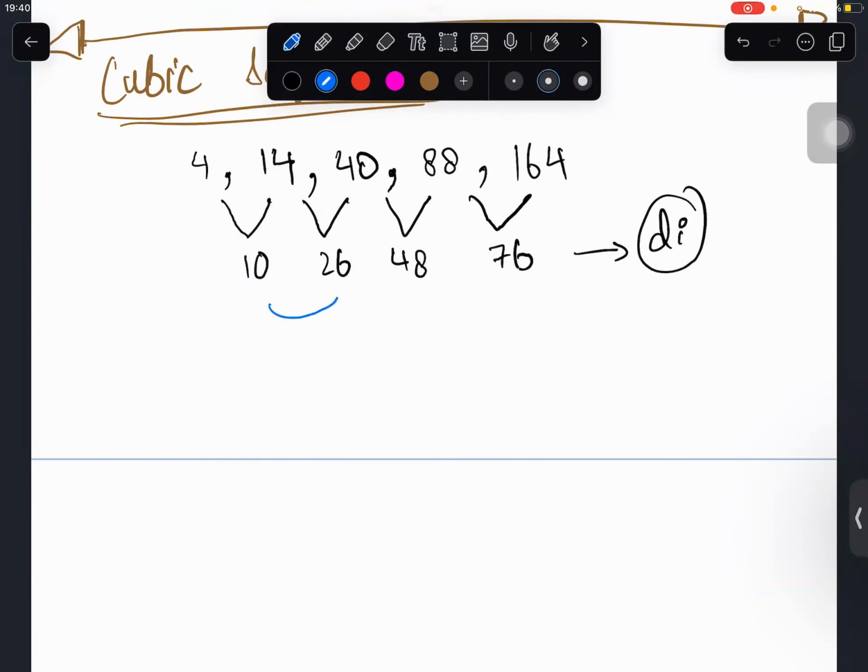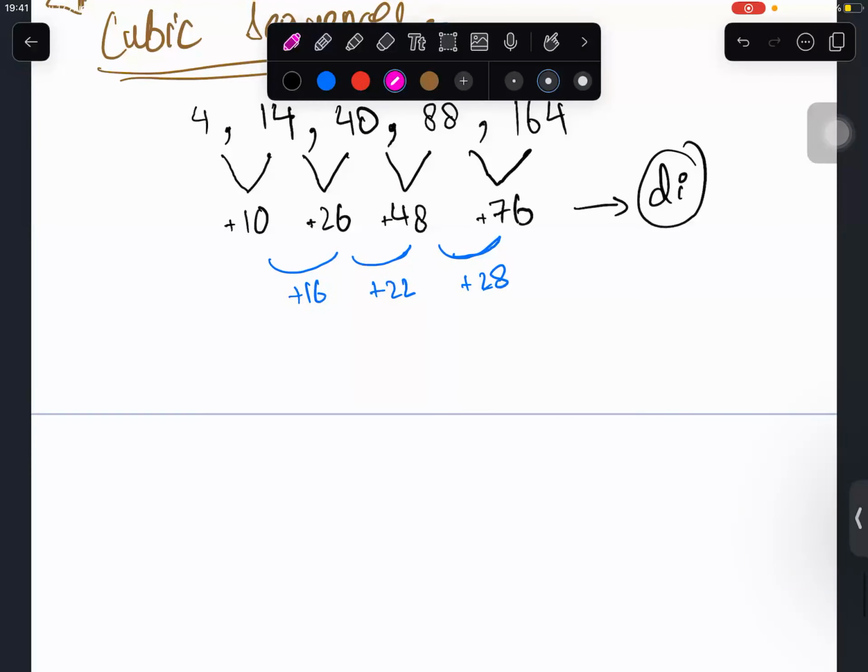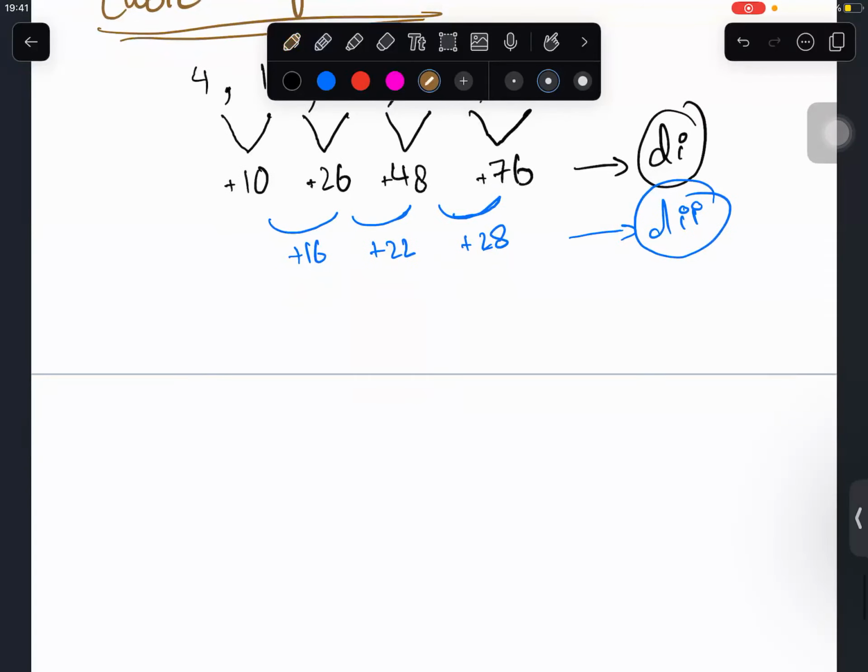So between 10 and 26, by the way, these are all plus, you have 16. Between 26 and 48, you have 22. And between these two, the difference is plus 28. As this is still not a common difference, we have to keep digging.